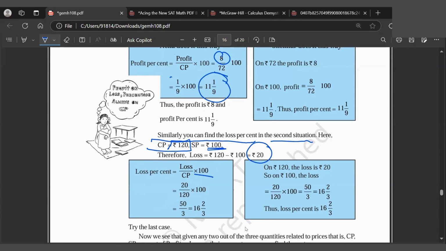In so many examples, you will see that there is no direct mention of cost price. In this example, cost price is equal to 120, clearly given.